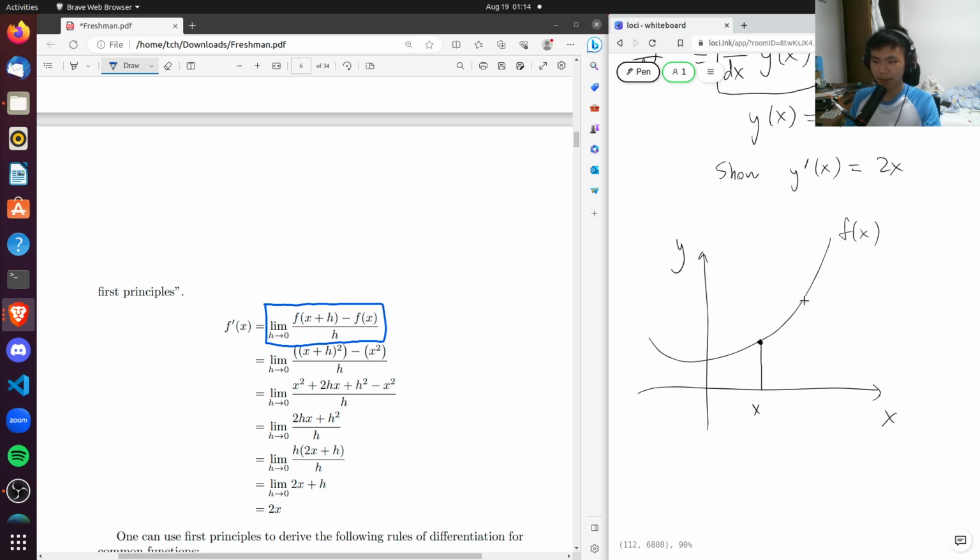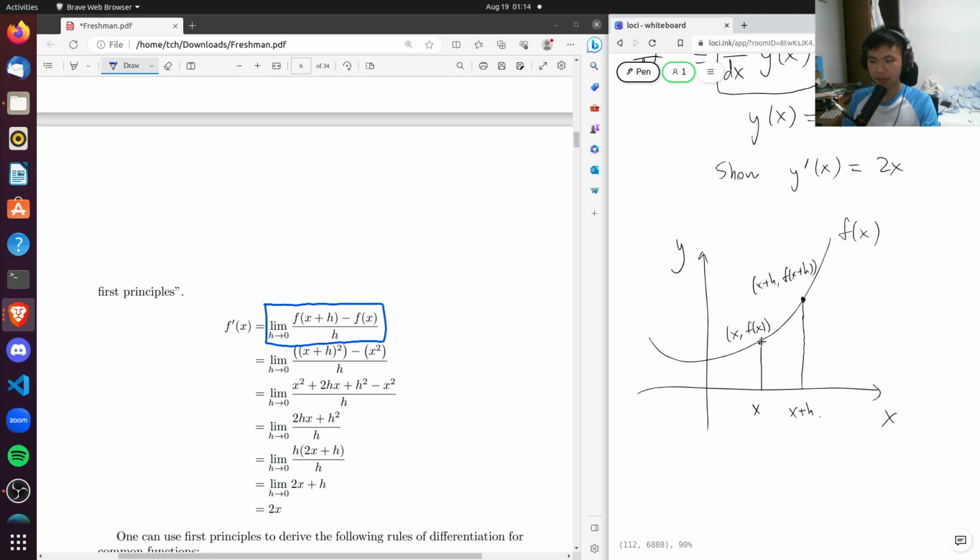To do so, I'm going to have a value h, such that this is location x plus h, and this point will be x plus h, f of x plus h. This describes the coordinates of this second point. This first point is just going to be f of x, the y coordinate.